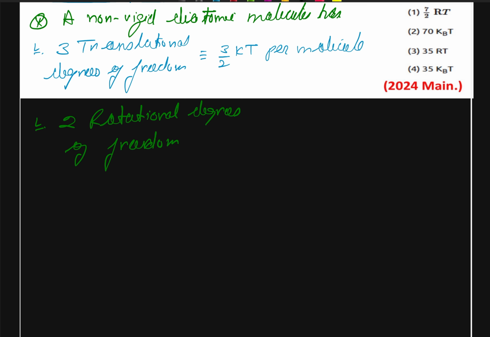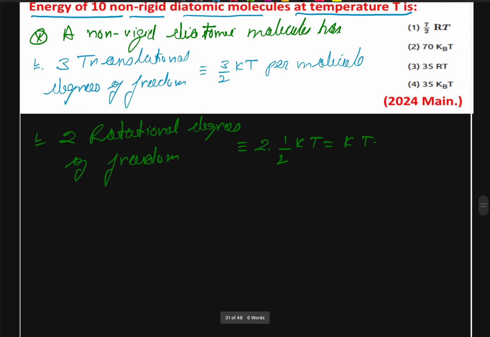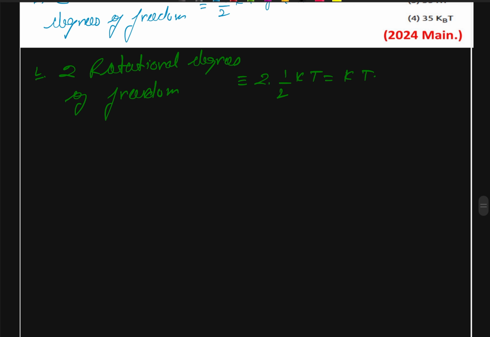Therefore it is going to be 2 times 1 by 2 kT, and that will be giving us k times T at temperature T.